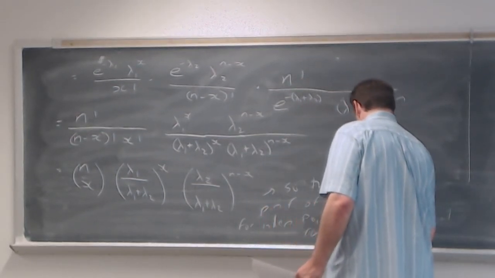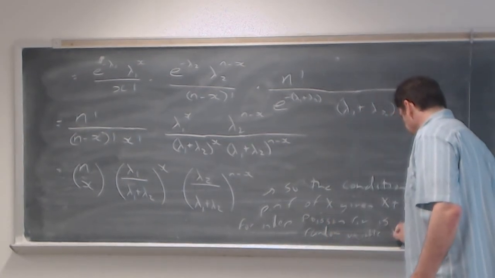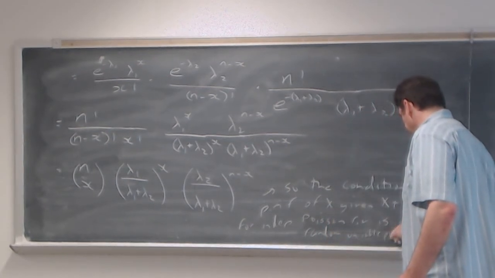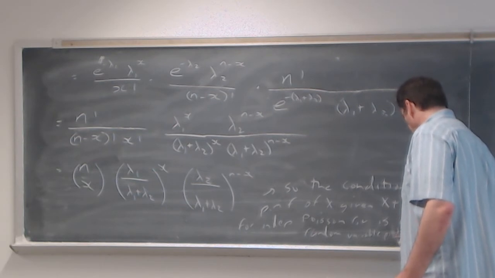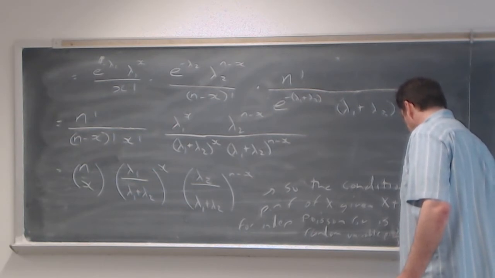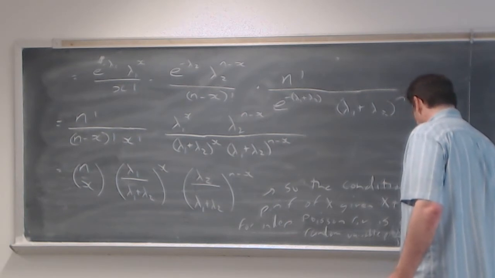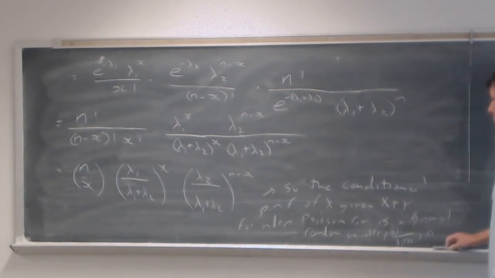And the parameters are p equal to lambda 1 over lambda 1 plus lambda 2 and n. Okay, those are the parameters.